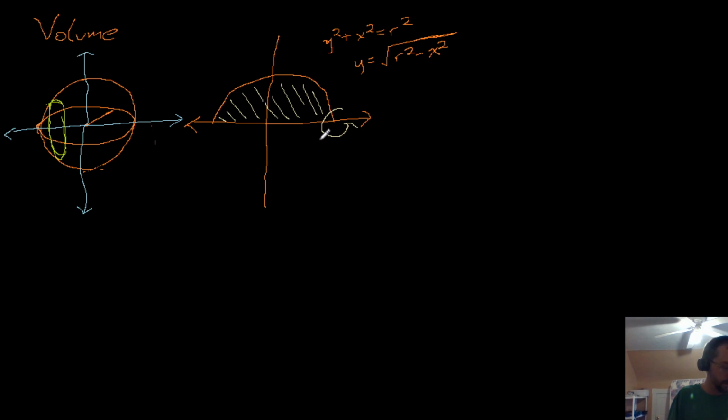And so what we can do then is use this. You don't have to memorize it as a formula, but I'm going to present it as a formula at this point. So the integral from a to b of the area with respect to x, dx.